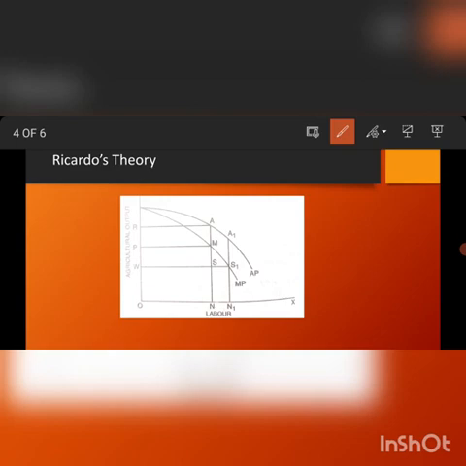And the share of wages in Ricardian analysis is determined by the minimum subsistence wage or the natural price of labor. That is, OW is assumed as the natural price of labor, OP as the wage plus profit per unit of labor, and OW as the wage rate. So profit per unit of labor is determined according to the surplus principle, that is OP minus OW, which is equal to PM.